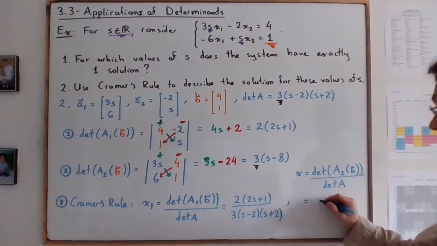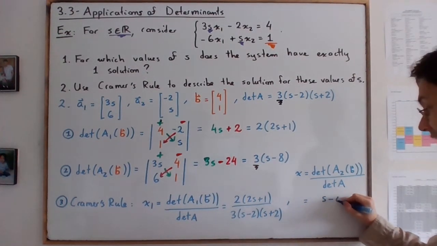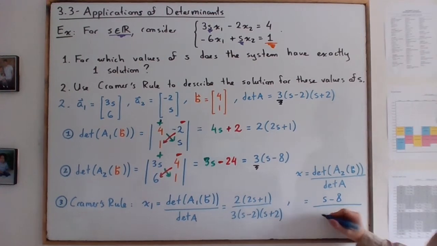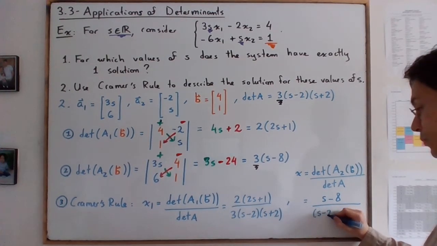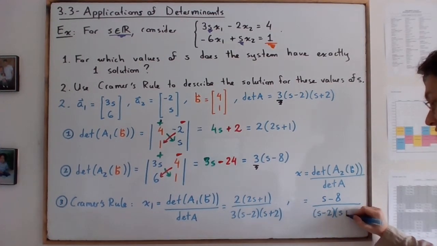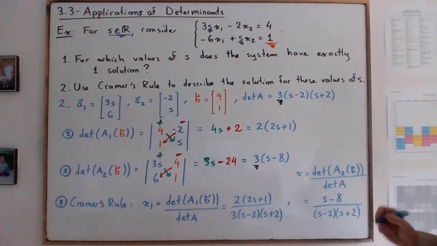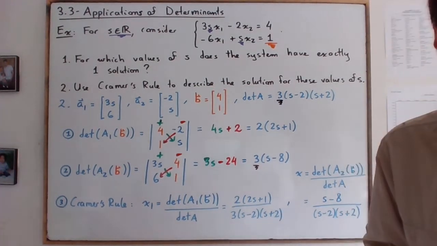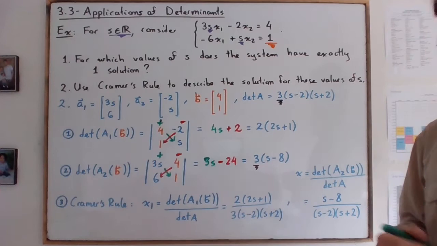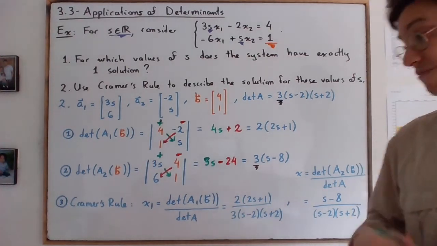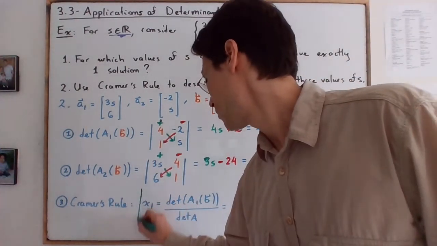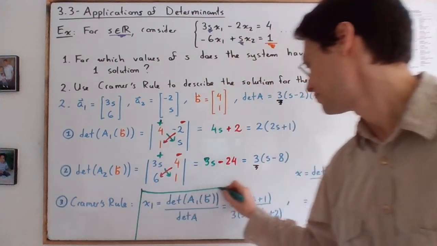We get s minus 8 divided by (s minus 2)(s plus 2). So this is our final answer to number 2.